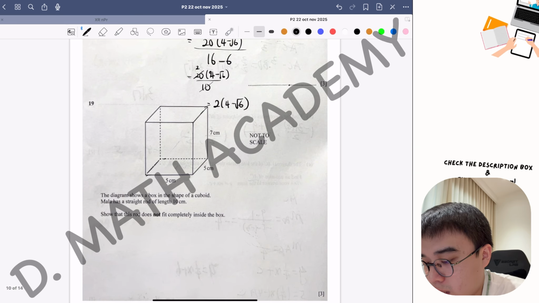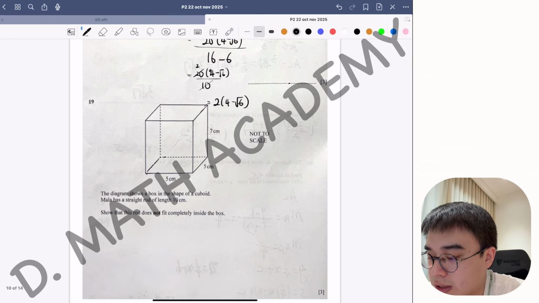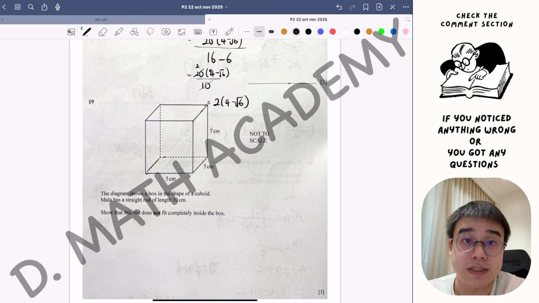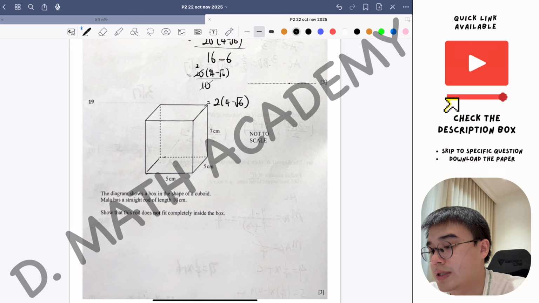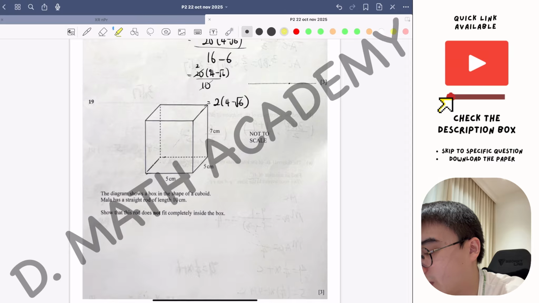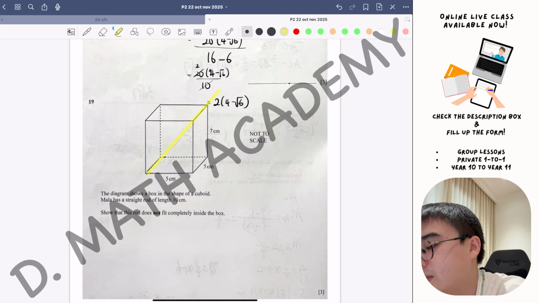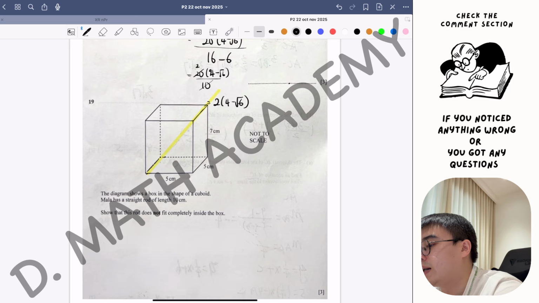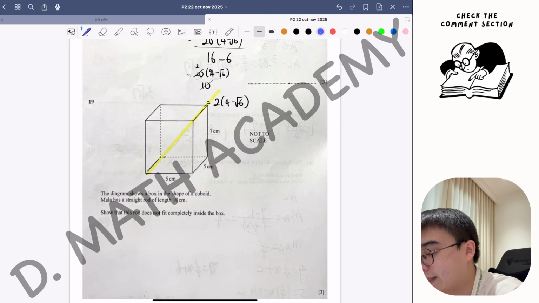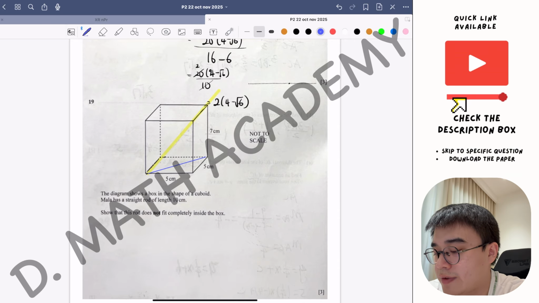Okay. Next part, they want us to show that the rod does not fit completely. Questions like this are basically testing you on your Pythagoras theorem. The so-called stick that they want you to imagine here is basically sticking through like this. Okay, so that's how we normally phrase it. But to find the diagonal length, you will need the bottom, which is this blue line that we have here.